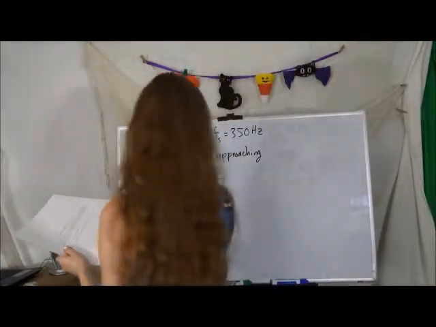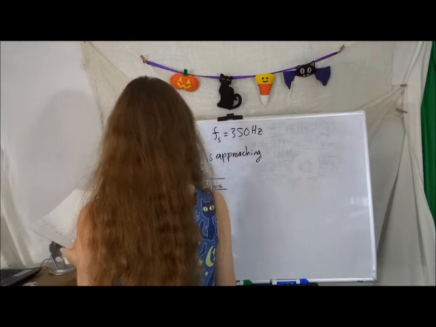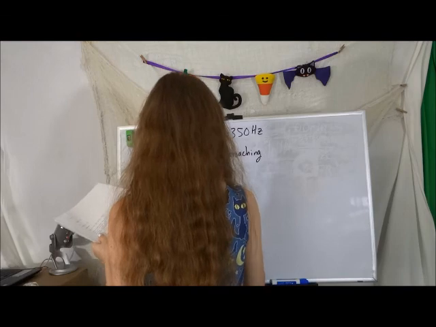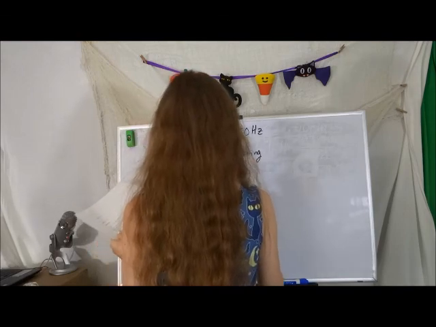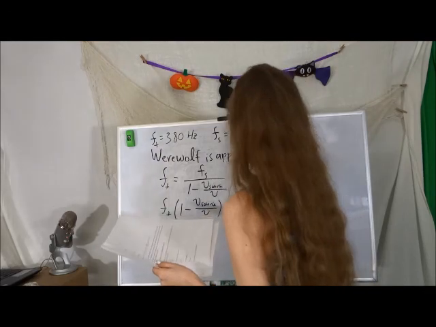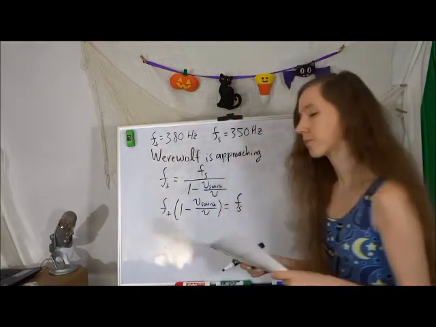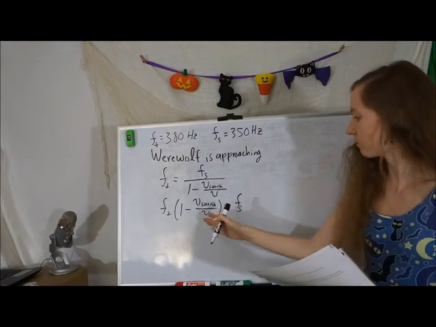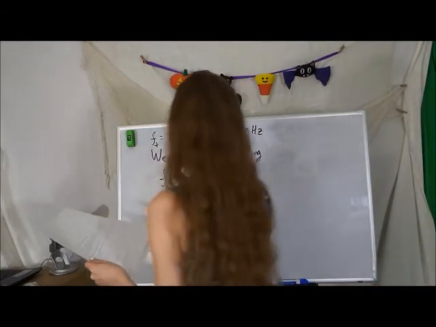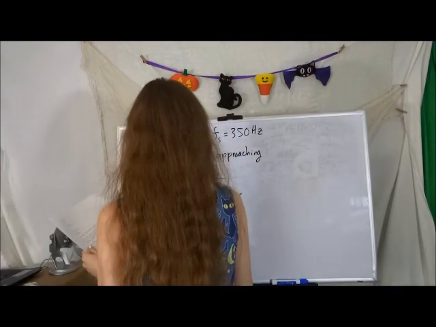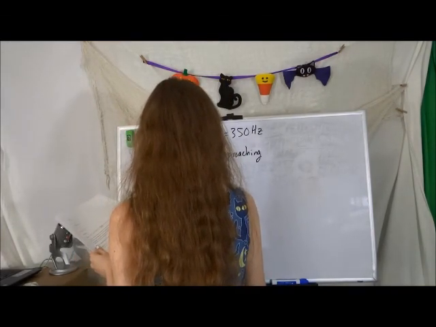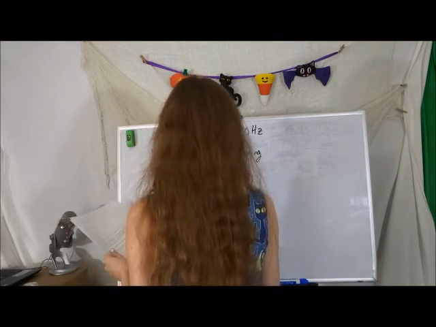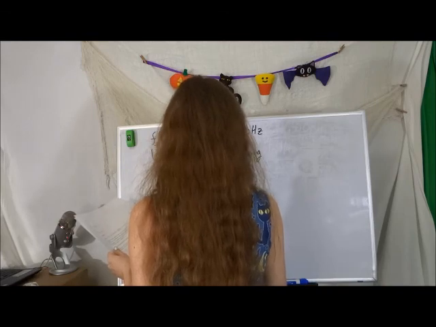So we're going to have F plus times 1 minus V source over V is equal to, and that's going to leave us with just F sub s on this side. Now I'm going to divide both sides by F plus to get rid of that from the side. So we're going to have 1 minus V source over V is equal to F sub s over F plus.